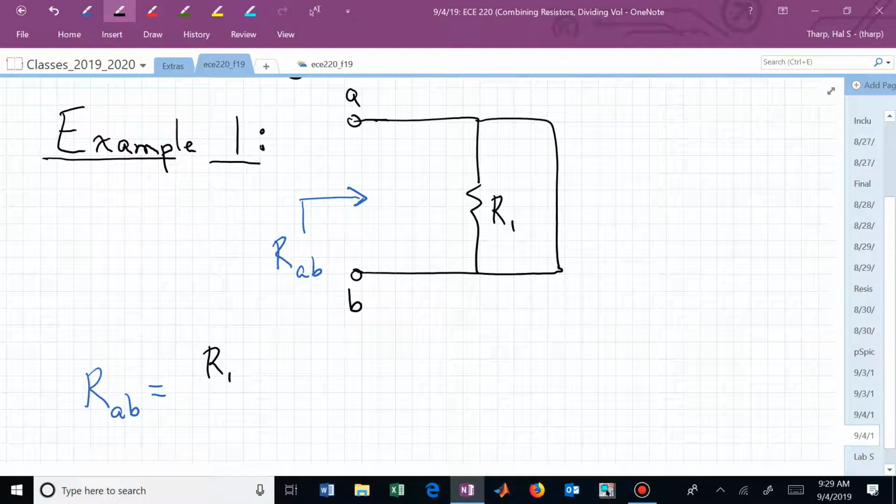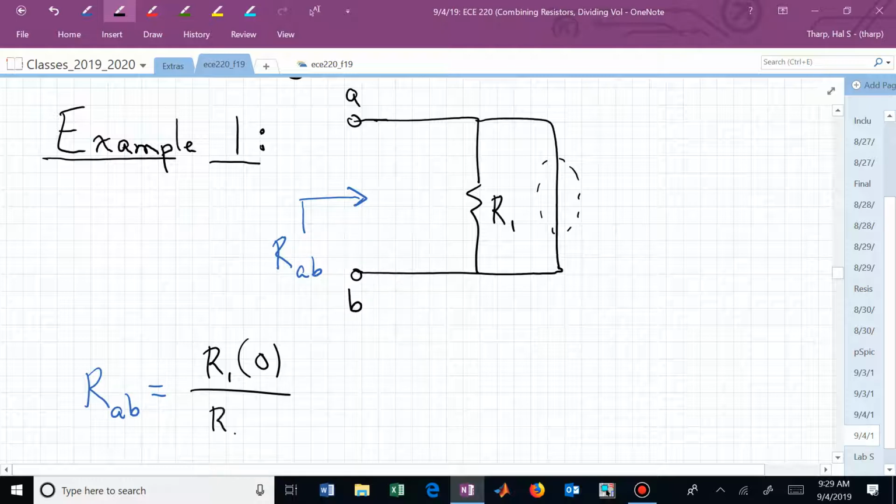What's the resistance of this? That's 0. And what does that give us? What we hoped. Now we have a product of 0 with a number divided by a valid number.